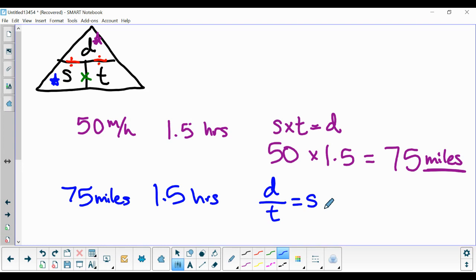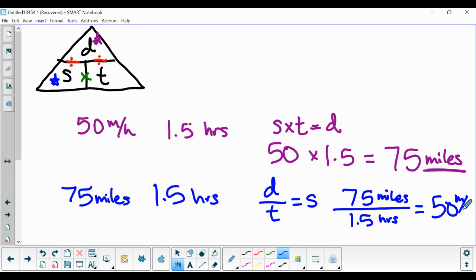I feel like this is one that you guys are pretty comfortable with based off of the human speed lab. So if I take 75 miles and divide that by 1.5 hours, I'm going to get 50 miles per hour.